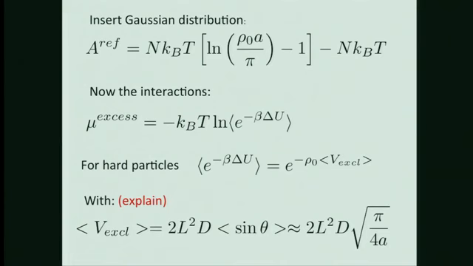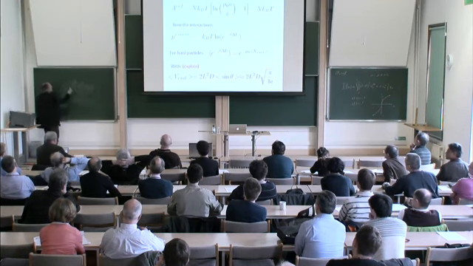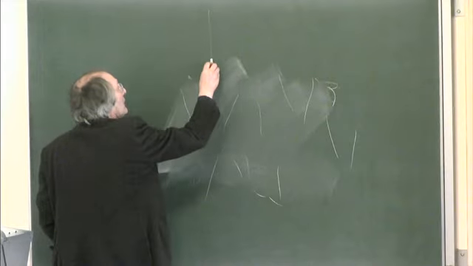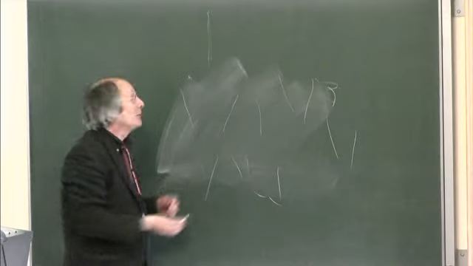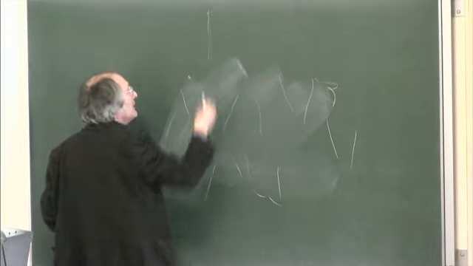Now the way to make this easy is to assume that this particle is parallel to the z-axis. That's not completely true, because actually it itself has an orientational distribution.